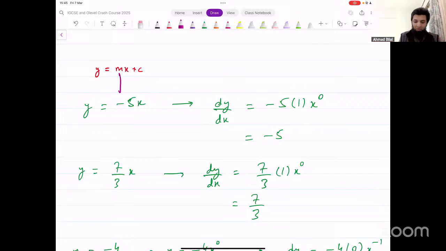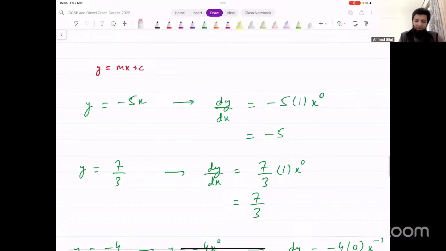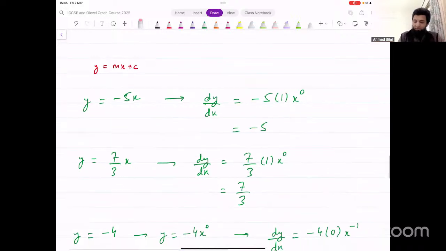It's just the coefficient of x, minus 5. Minus 5 is the gradient. That is why when you find the derivative of this, the derivative is also minus 5, right? The derivative of this is minus 5 because that's the gradient of the straight line. Similarly, here as well, the gradient is 7 over 3 in the next example. So that is why you have the value of the derivative 7 over 3 as well, because it represents the gradient of the function.